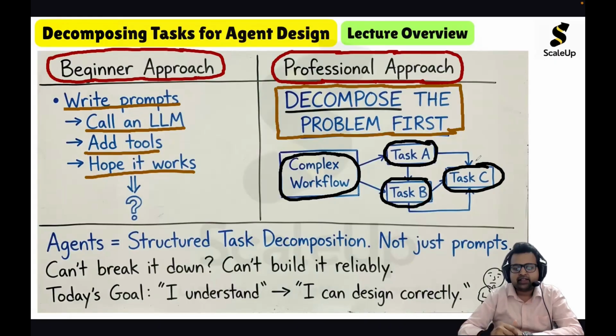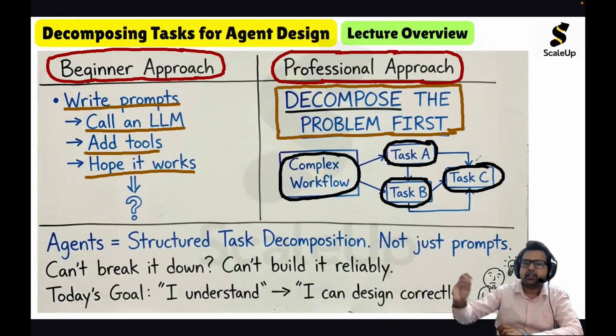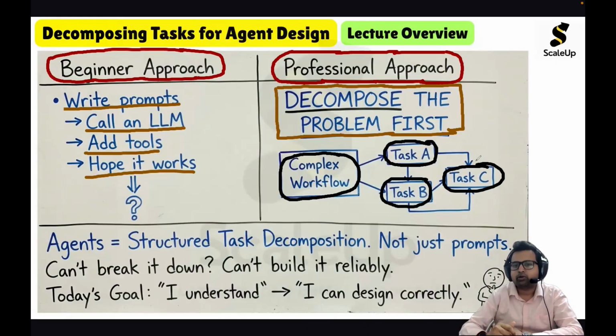Essentially, we are building a flowchart where the LLM only handles the logic of each small node, which is a task. The LLM is not looking at the complex workflow at all. Rather, it is given a small task, and it is only concerned with solving that task.